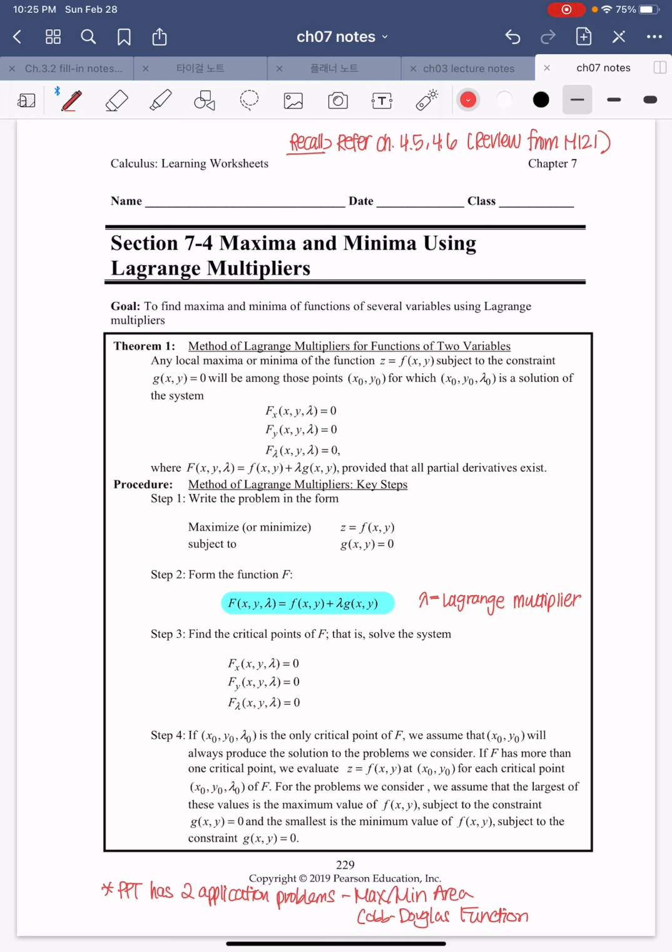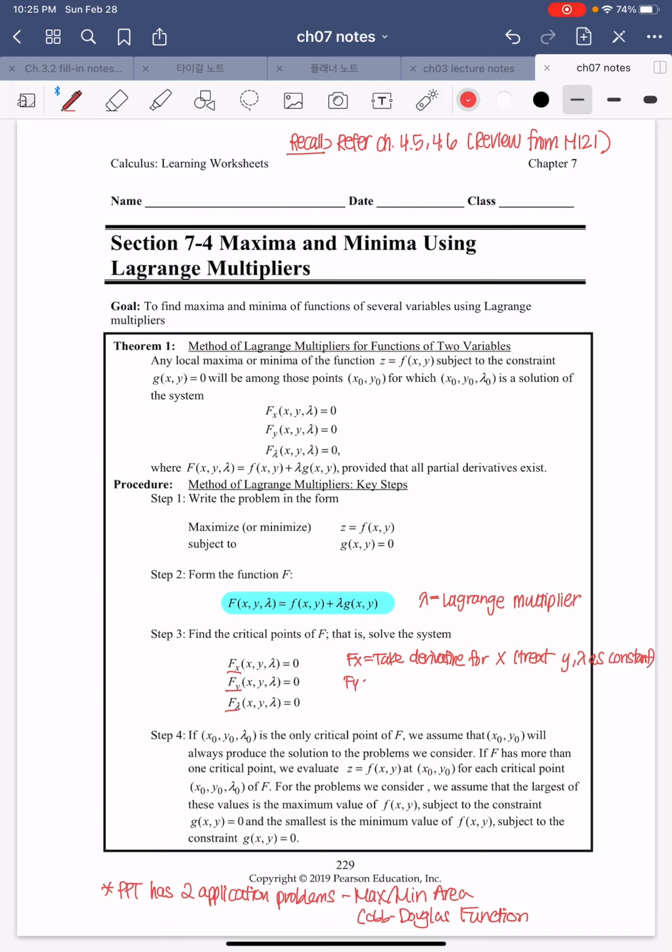This is our partial derivative notation. F of x means you're going to take the derivative for x and treat the other variables y and lambda as constants.